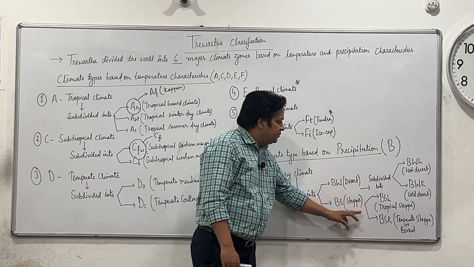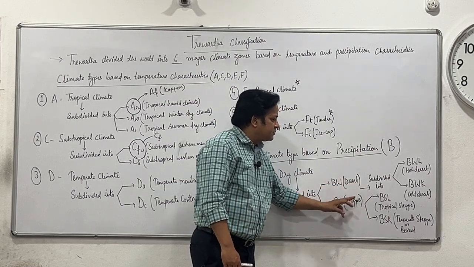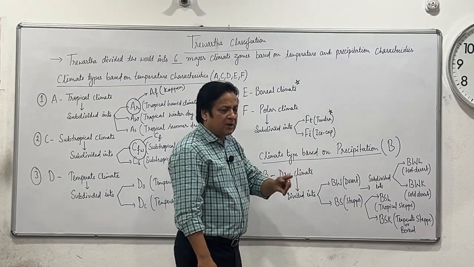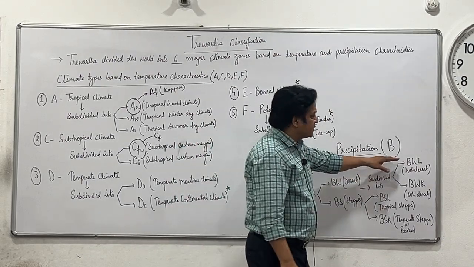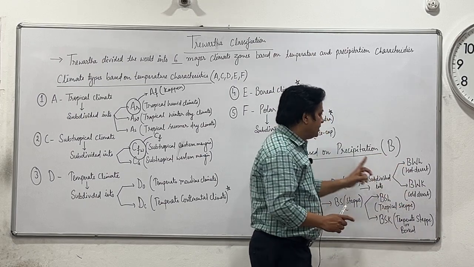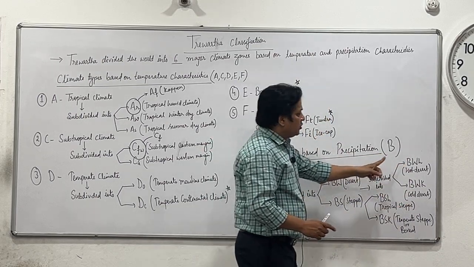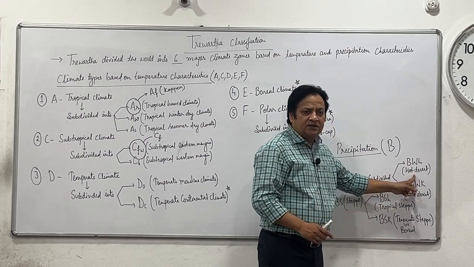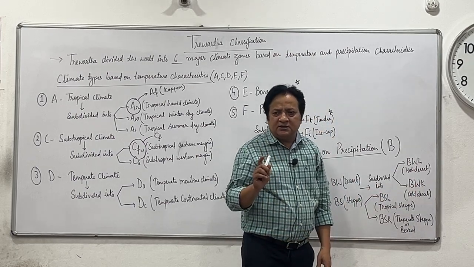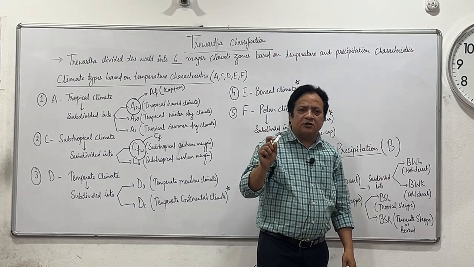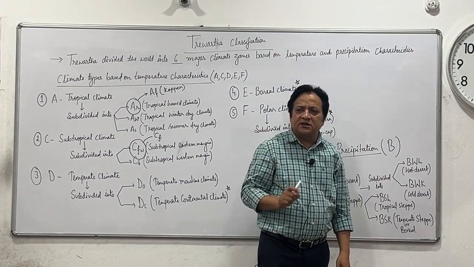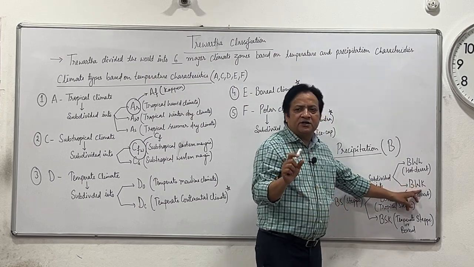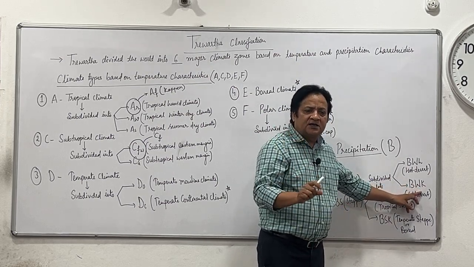BW and BS types are further subdivided into two climatic types, and that is again based on precipitation. So you find BWH and BWK. BWH represents hot deserts. H, you all know, means the average temperature of the region remains above 80 degrees Celsius throughout the year. And K means the average temperature of the region remains below 80 degrees Celsius throughout the year.